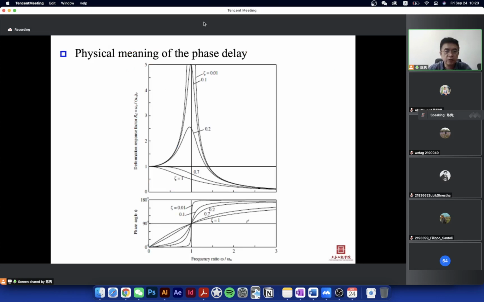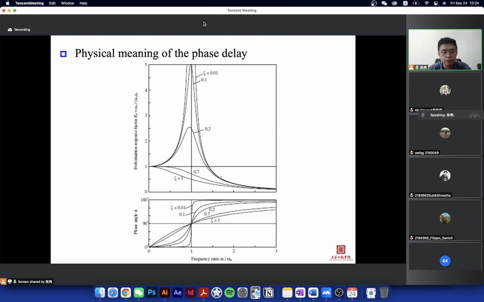So again, this is the importance of the curves. I've mentioned several times, this is for RD, this is for the phase angle. To be honest, many problems in previous final examinations, midterm examinations or quizzes are actually based on these two curves.